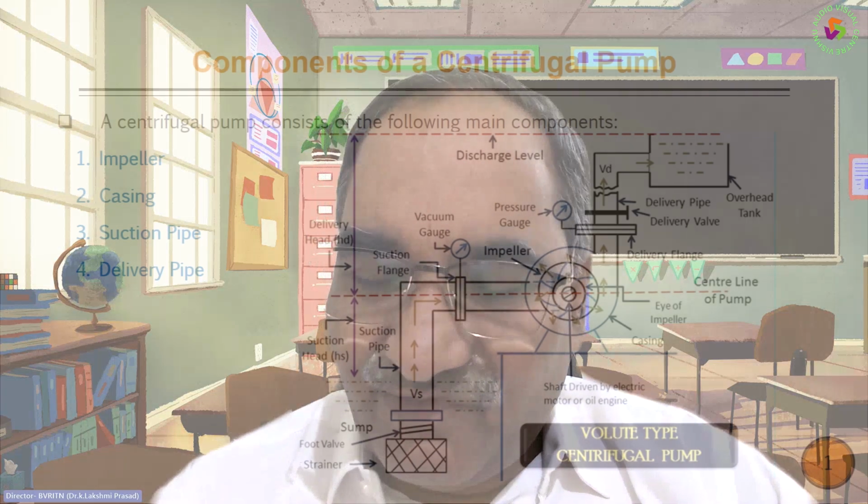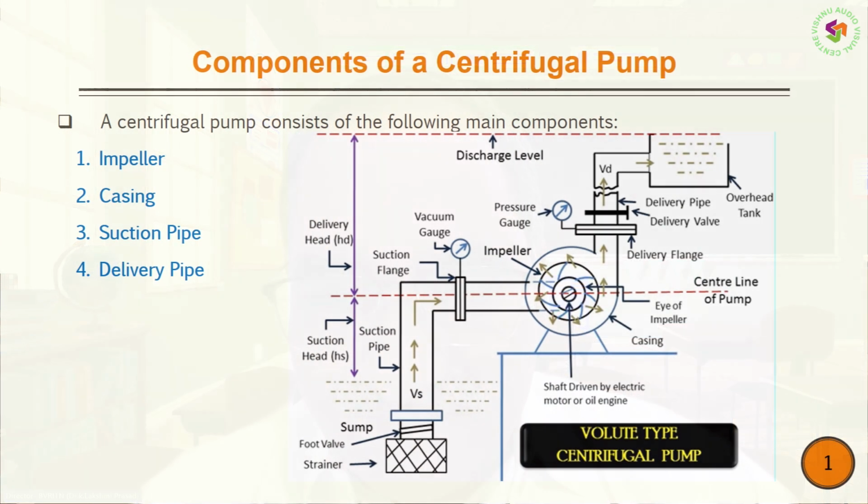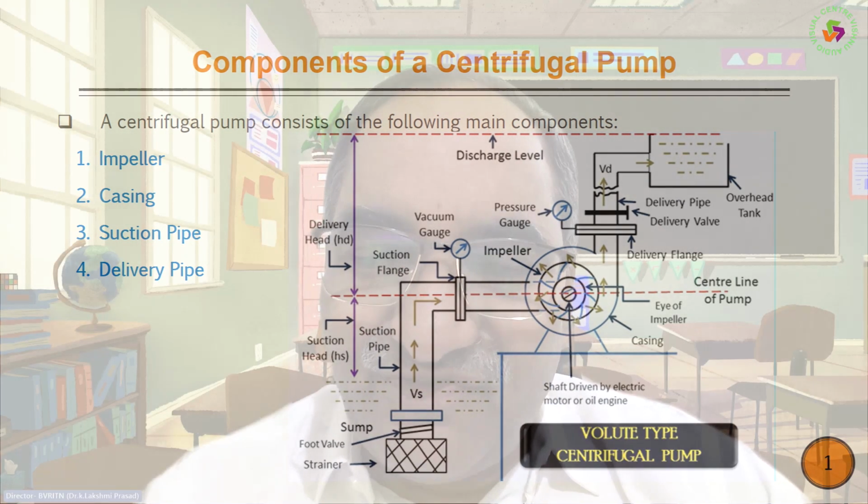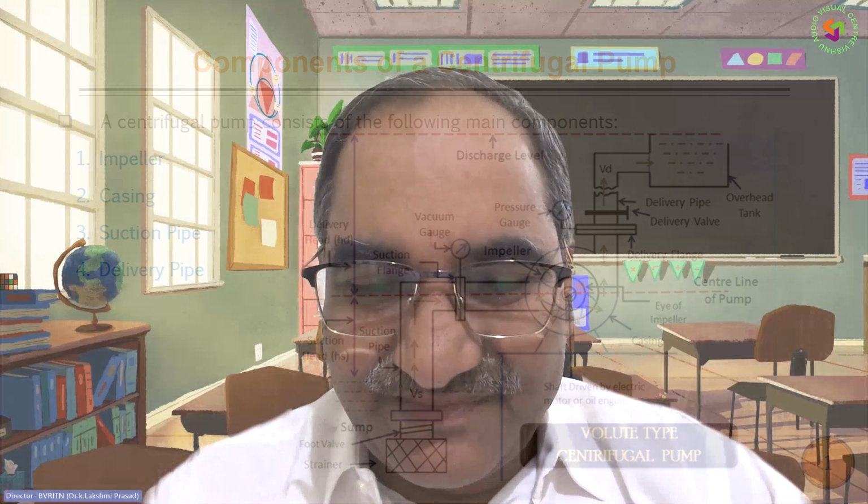Number three is suction pipe. Number four is delivery pipe. So these are the four major components of a centrifugal pump. Once again, impeller, casing, third one is suction pipe, fourth one is delivery pipe.